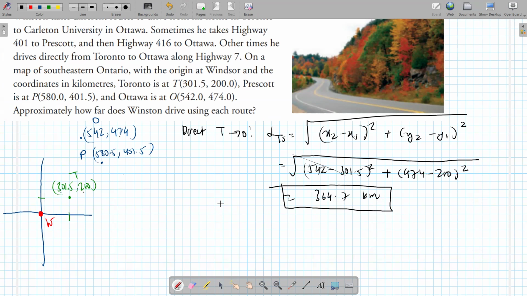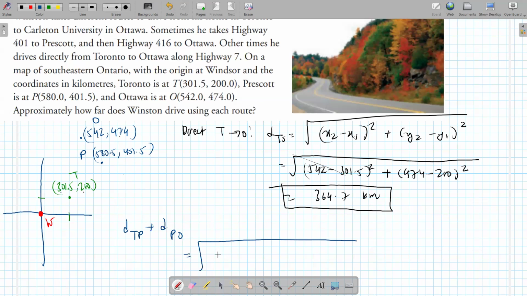How do we find the distance of the other one? Of the indirect route when we go through the city of P. First, you find the distance from T to P. So the second distance will be TP plus PO, right? Again, the order doesn't matter.